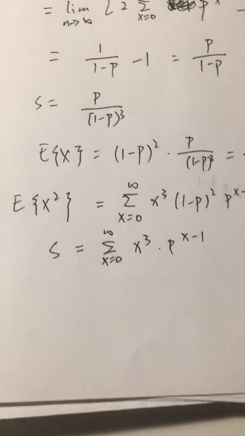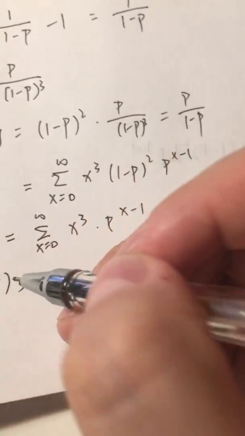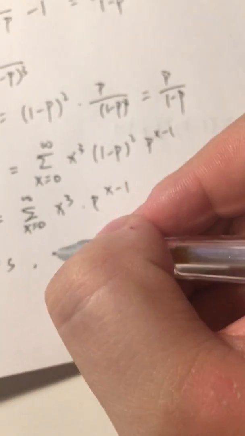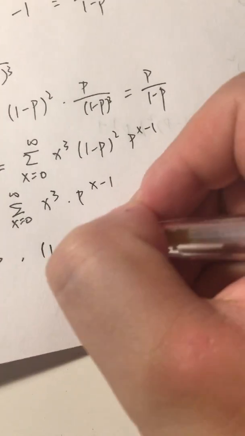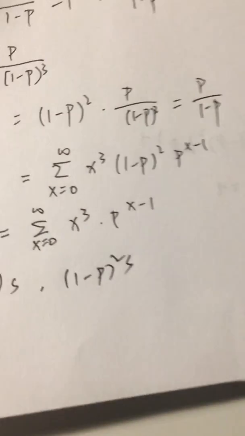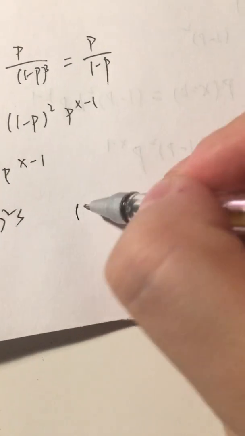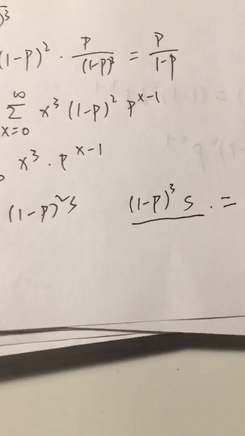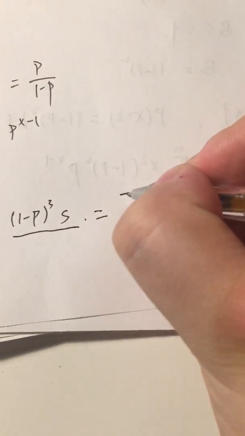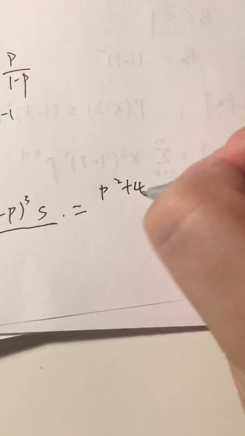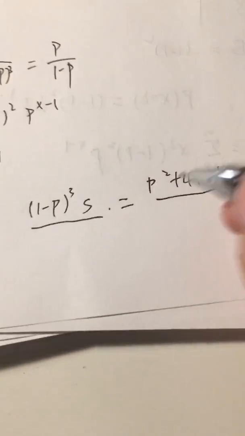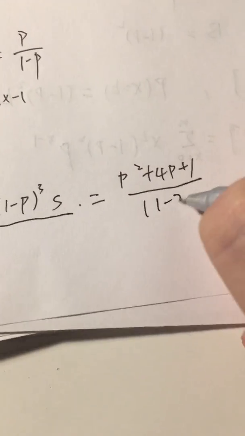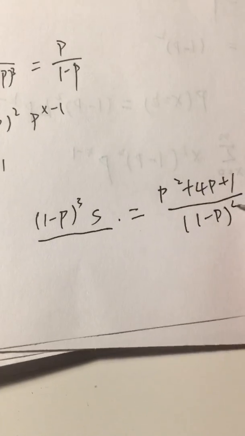And finally we can get (1 minus p) times S, and (1 minus p) squared S, and (1 minus p) cubed S. We can get this equals (p squared plus 4p plus 1) divided by (1 minus p) to the power 4.